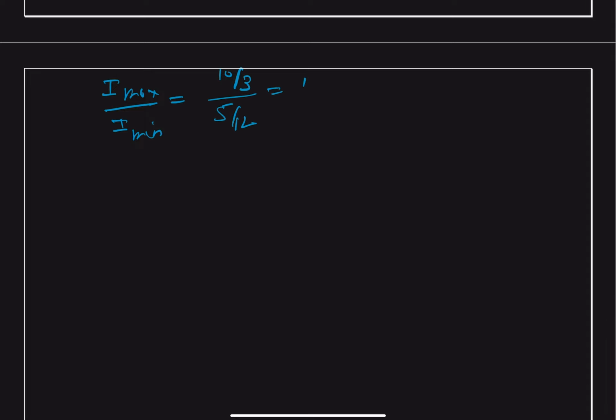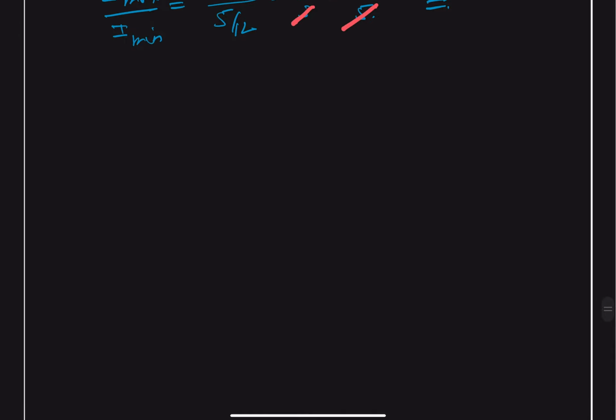This is equal to 10 by 3 multiplied by 12 by 5. This can easily cancel: the 5 goes by 2 and the 3 goes by 4, and we get 8. Therefore, Imax upon Imin is equal to 8.